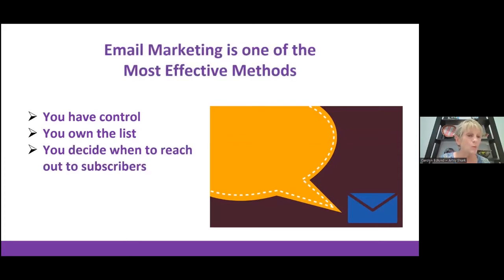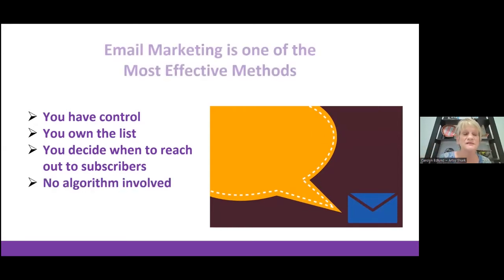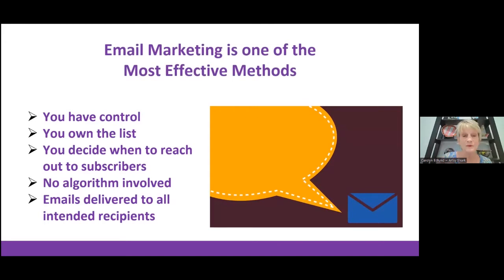You decide when you want to reach out and contact your subscribers, and there is no algorithm that is going to prevent your messages from reaching the recipients on your list. Those emails that you send out, they're going to wait patiently in the inboxes until they're opened by the recipients.